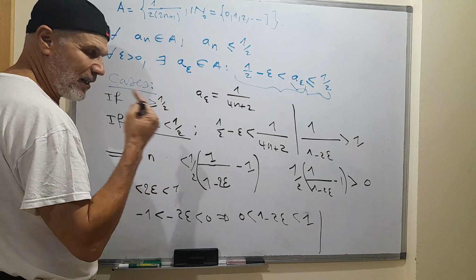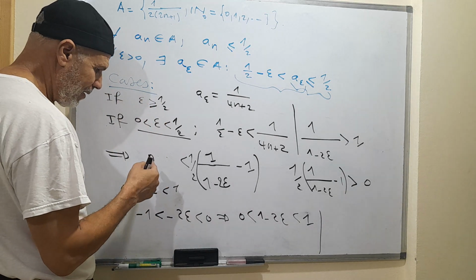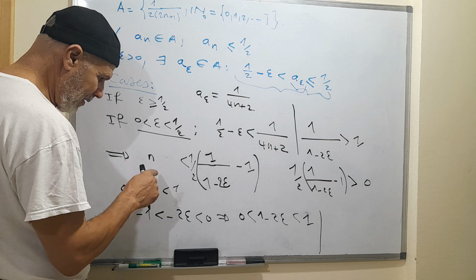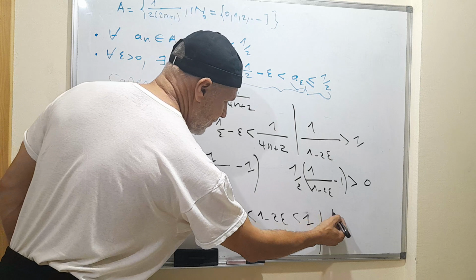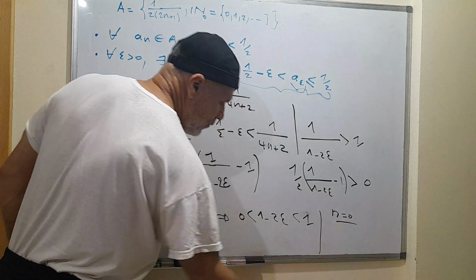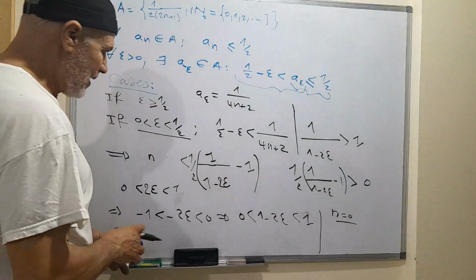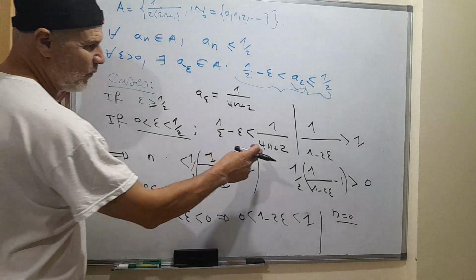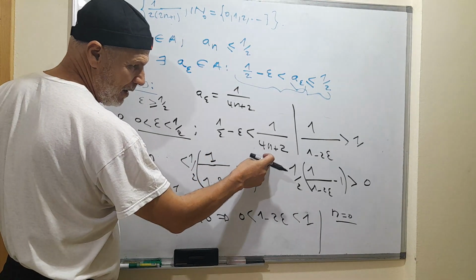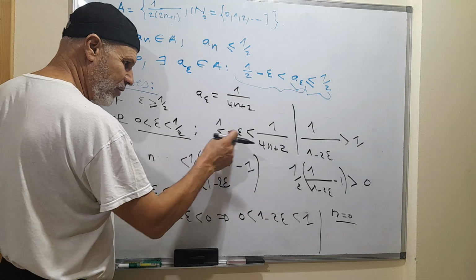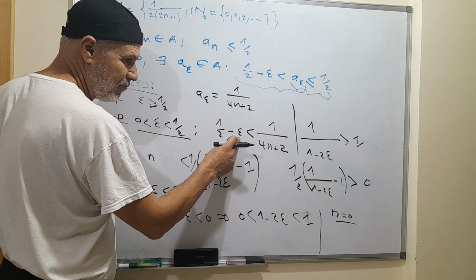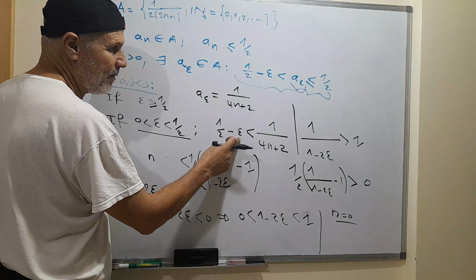We need just one n at least. Indeed, for n equal to 0, we said that 1 over 2 is strictly greater than 1 over 2 minus epsilon. The answer is affirmative.